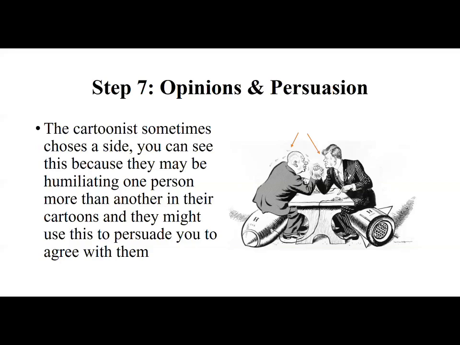So in this image, we can see Mr. Khrushchev. Again, we're going to talk about his sweating and how much he's sweating versus how much John F. Kennedy is sweating. Kennedy only has one sweat drop, while Khrushchev is giving off like six or seven. So you can tell that this was most likely an American cartoonist, and obviously he's siding with the Americans.